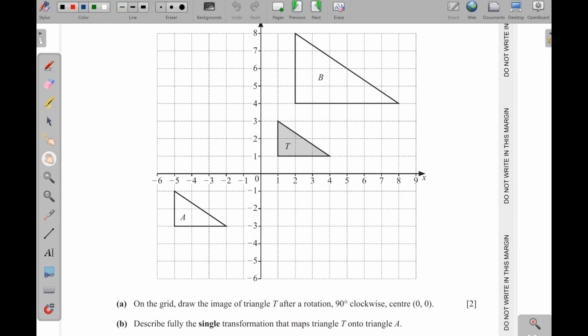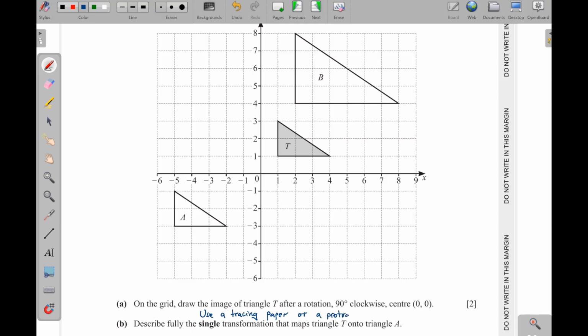And here they are saying on the grid, draw the image of T after rotation, 90 degrees clockwise, center, 0, 0. Now here you can use a tracing paper, or a protractor.